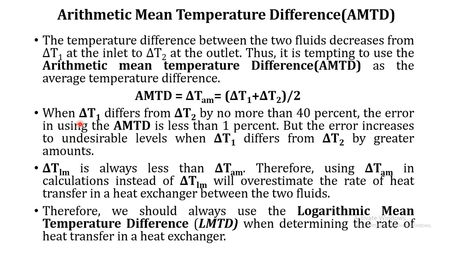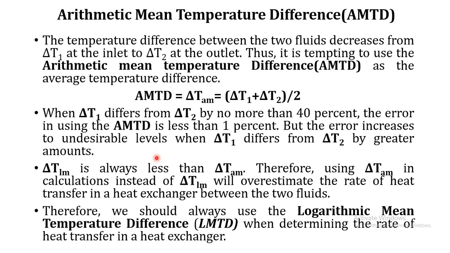When ΔT1 differs from ΔT2 by no more than 40%, the error in using the AMTD is less than 1%. But this error increases to undesirable levels when these two differ by greater amounts. That is, if ΔT1 differs from ΔT2 by more than 40%, then the error in calculating the heat transfer rate will be larger.